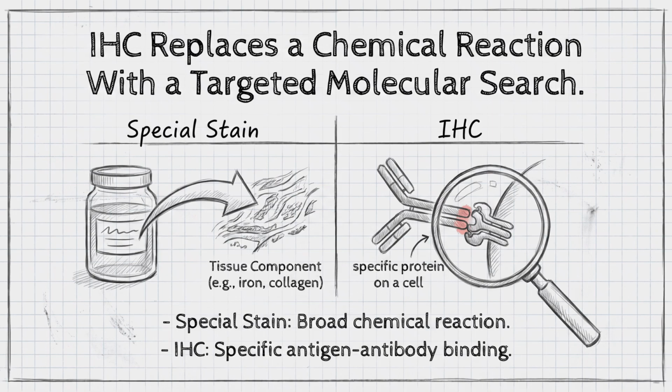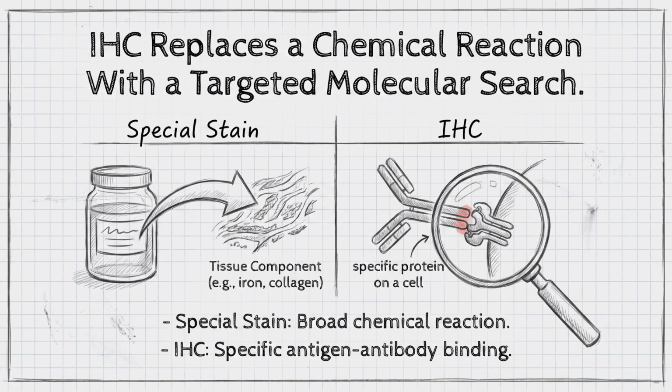IHC fundamentally shifts our approach from a general chemical reaction to a highly targeted molecular search. Unlike a histochemical stain that reacts with a broad class of molecules, IHC uses antibodies to pinpoint a single protein. This specificity is its greatest advantage, allowing us to identify subtle changes or specific cell types that would otherwise be invisible.